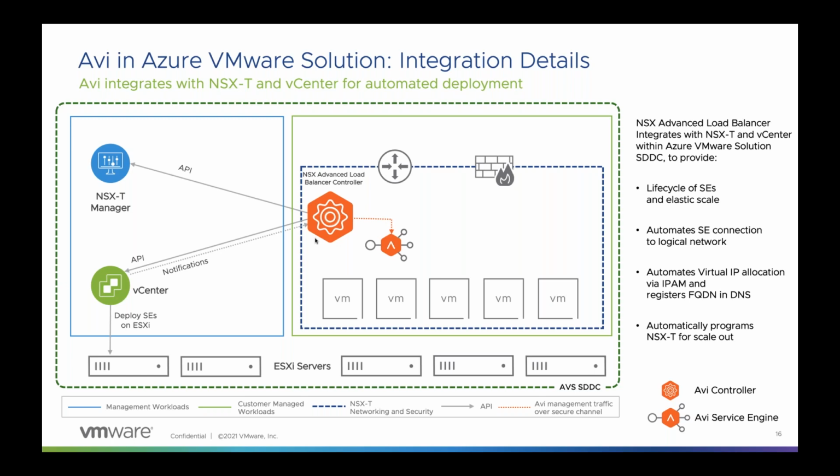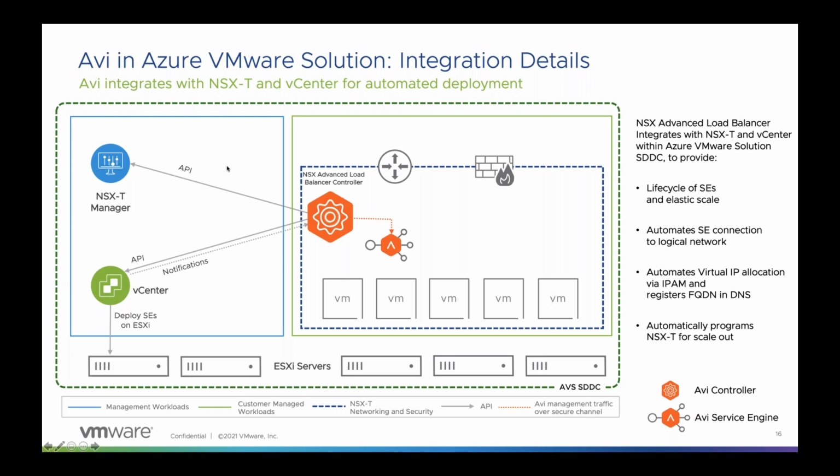Some more details into how that works. In case of AVS, we leverage our NSX-T cloud connector. We integrate via the NSX APIs to the NSX manager, as well as the vCenter APIs to the vCenter server.